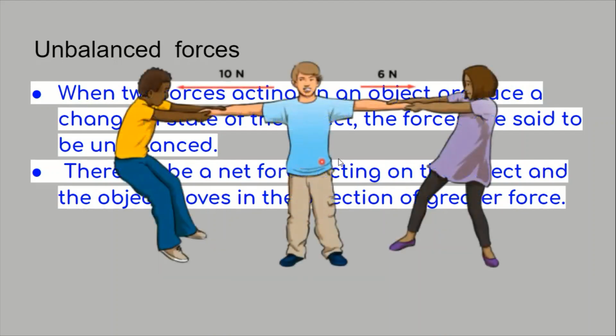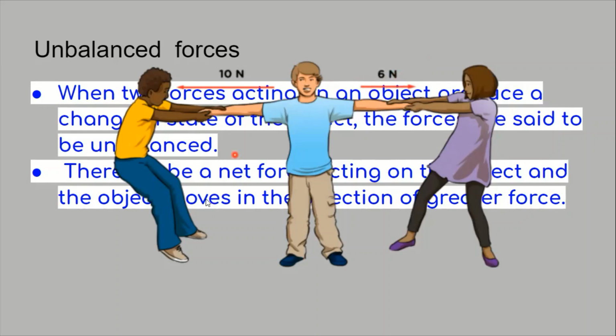We see that there's a boy in the middle, and one boy is pulling him from the left side and one girl is pulling him from the right side. Now, where will this boy move? Yes, he will move toward this boy. Why? Because this boy is pulling with a force of 10 Newton and this girl is pulling with a force of 6 Newton.